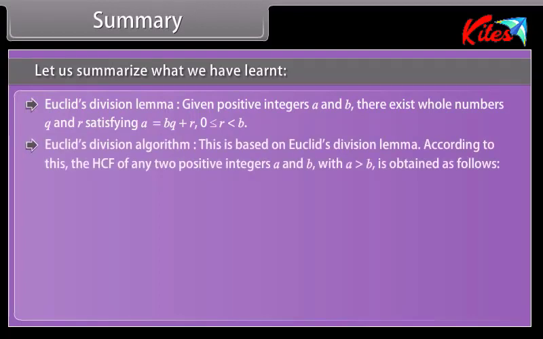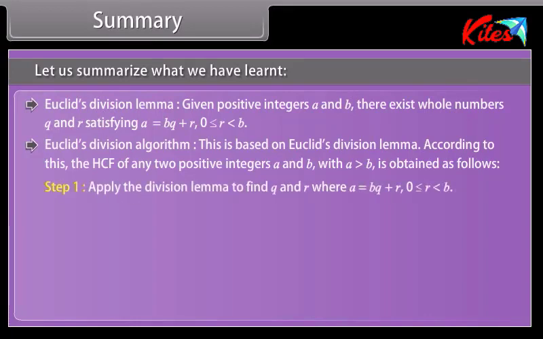Euclid's division algorithm. This is based on Euclid's division lemma. According to this, the HCF of any two positive integers a and b, with a greater than b, is obtained as follows. 1. Apply the division lemma to find q and r, where a = bq + r, 0 ≤ r < b. 2.